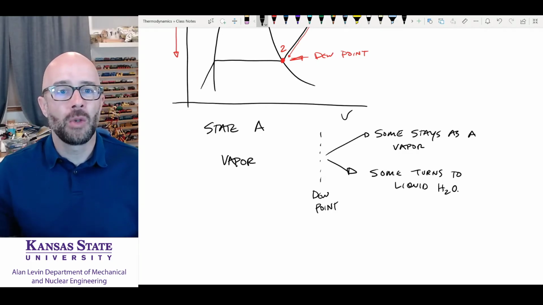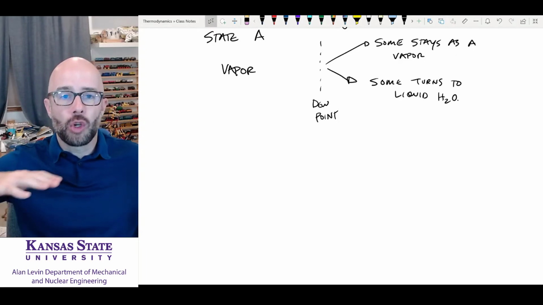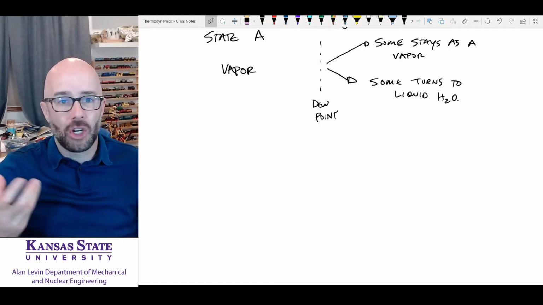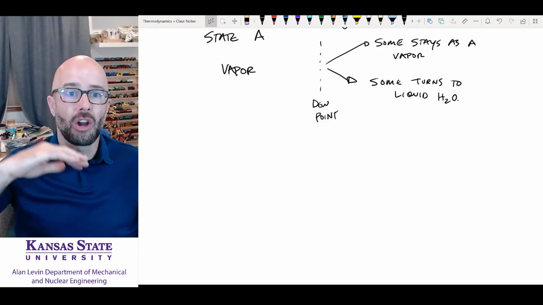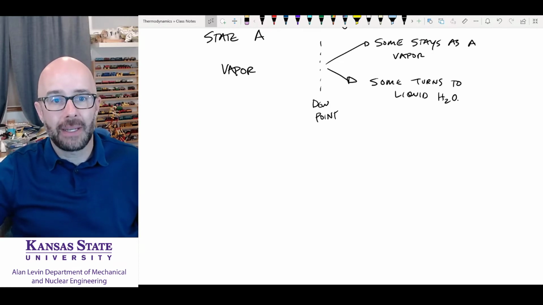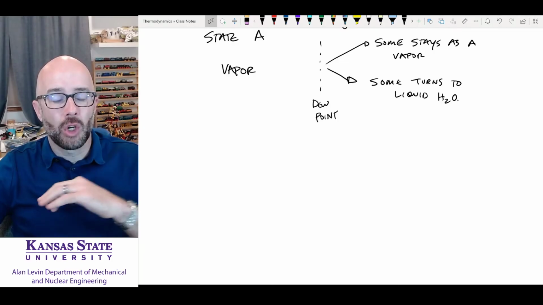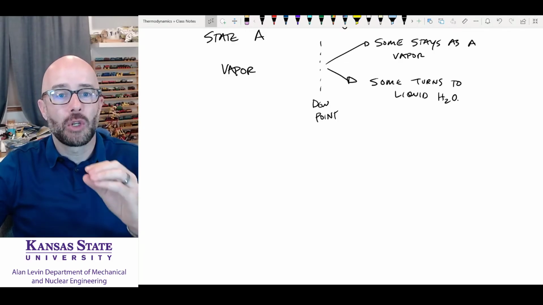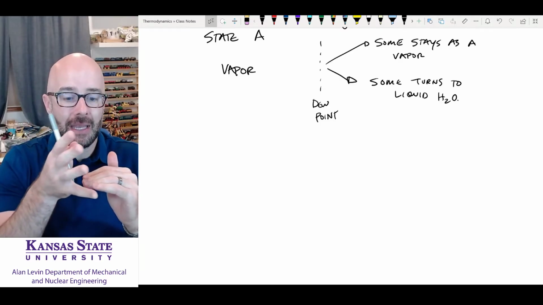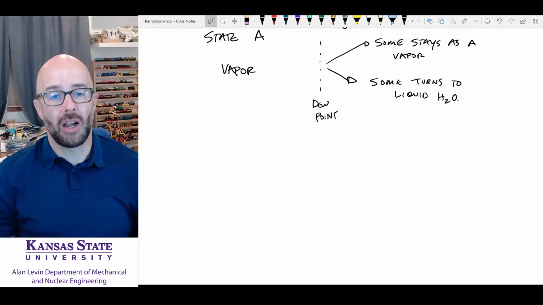So, you know, at night, when you have cool grass outside, you might see it start to get dewy, or your car might feel wet. What's happening? That car or that grass is at the temperature that is the dew point, and so the air is coming by and it sees that grass blade and says, oh, I'm going to condense on that.